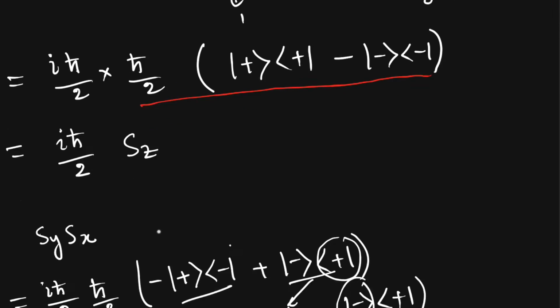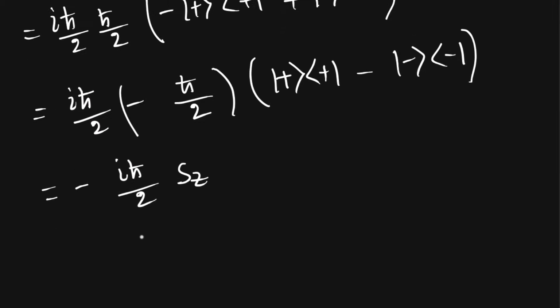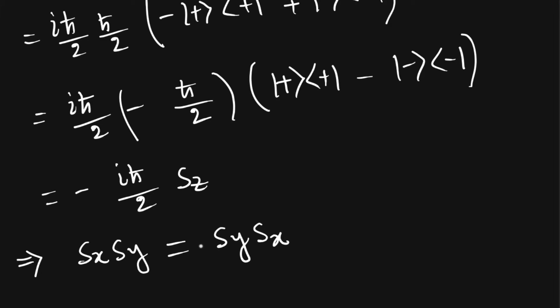Similarly, that means Sx Sy is iħ/2 Sz and Sy Sx is minus iħ/2 Sz.